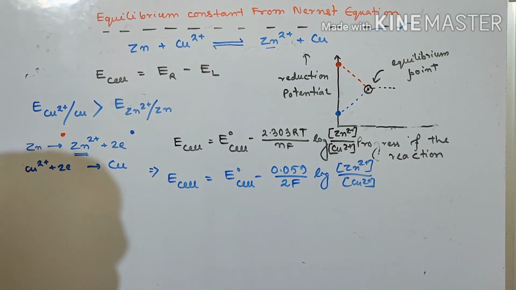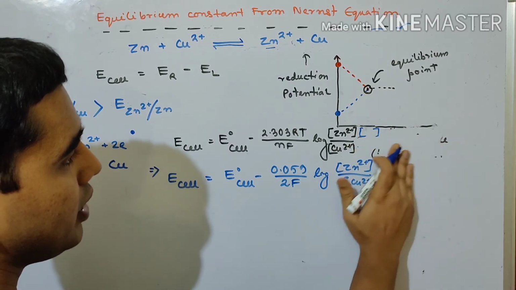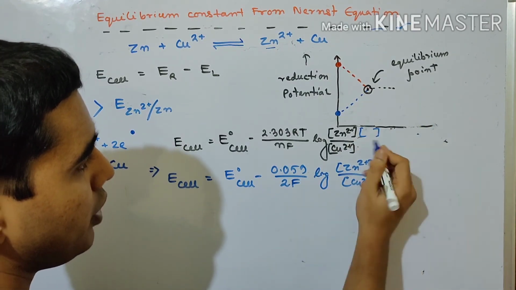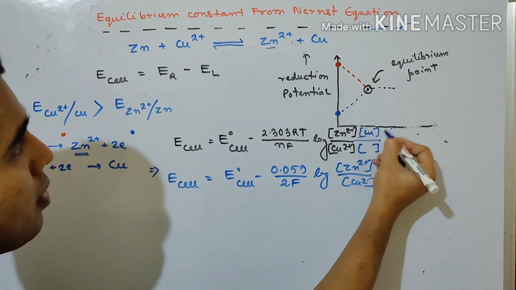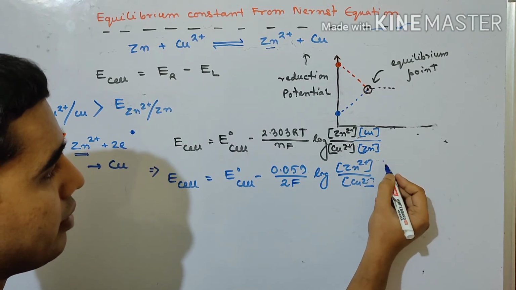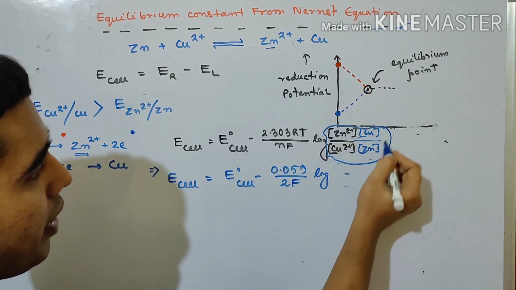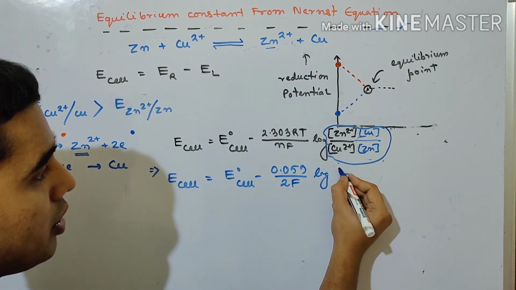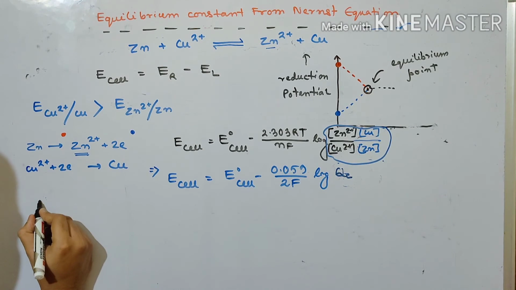We have seen earlier that if we erase this part now, we know that actually there is copper also, and on this side it is zinc also. And this total part we can write down as log QC. At equilibrium, what is the condition?